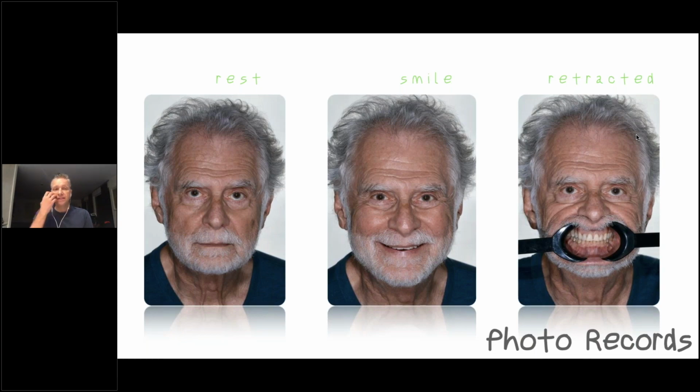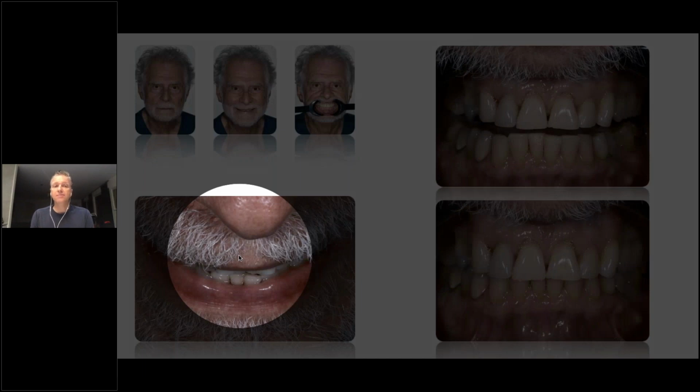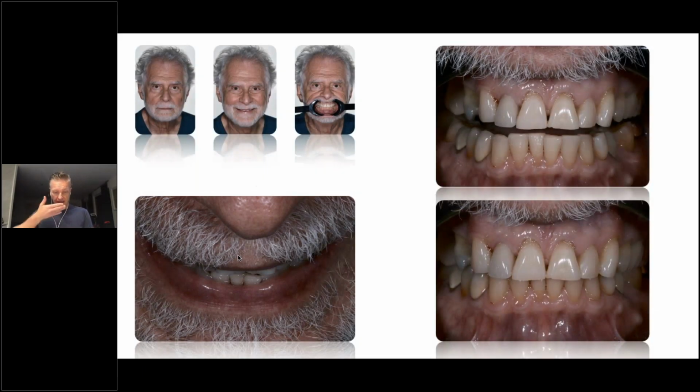Also, you see here on the left lower side, I need that 12 o'clock smile. That allows me to see how far forward or backward the upper teeth are in relationship to the upper lip and to the lower lip. That just allows me to already get a three-dimensional idea of that face.